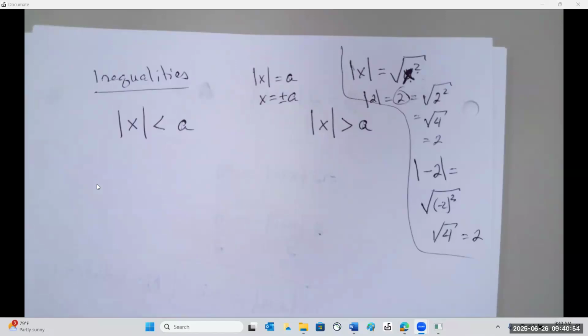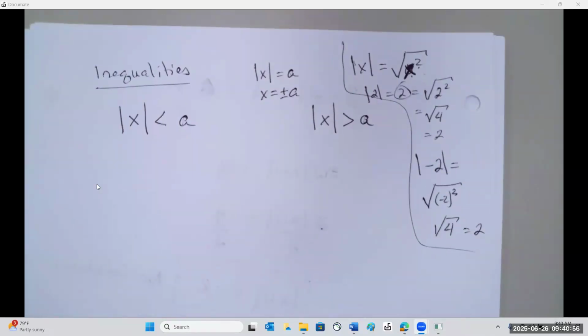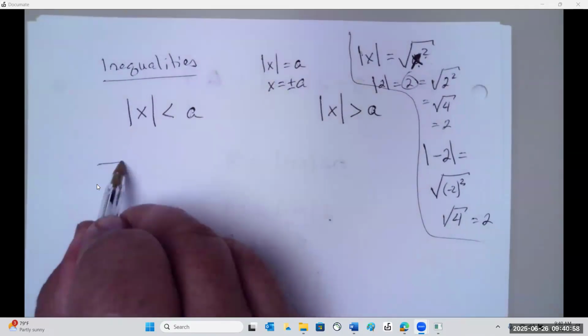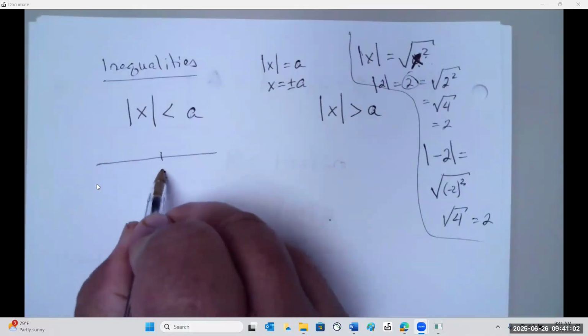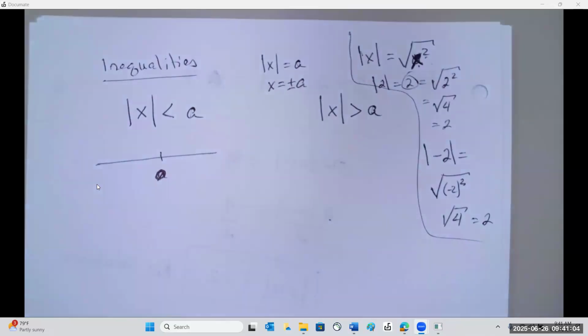All right, back to the lecture. Let's look at the graph of these first. Remember, we said that the purpose of an absolute value is to tell us the distance a number is from zero.